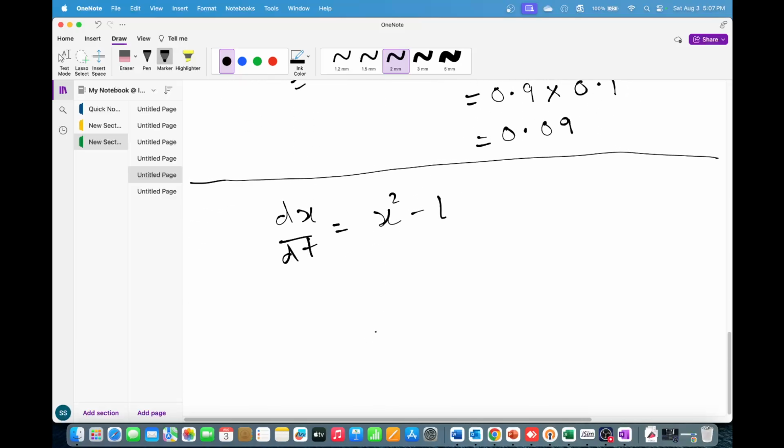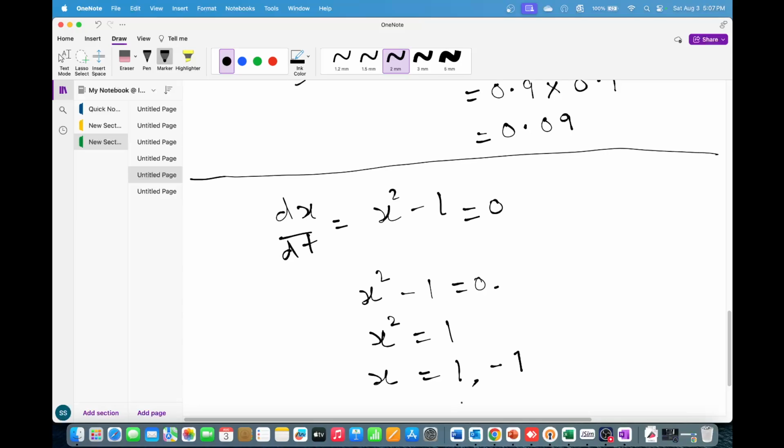Now you are asked to check the steady states of this system, and whether they are stable or unstable. To find the steady states, you just equate this to 0, because dx/dt would be 0. So x square minus 1 equal to 0, x square equal to 1, which will give you two values of x, plus 1 and minus 1.